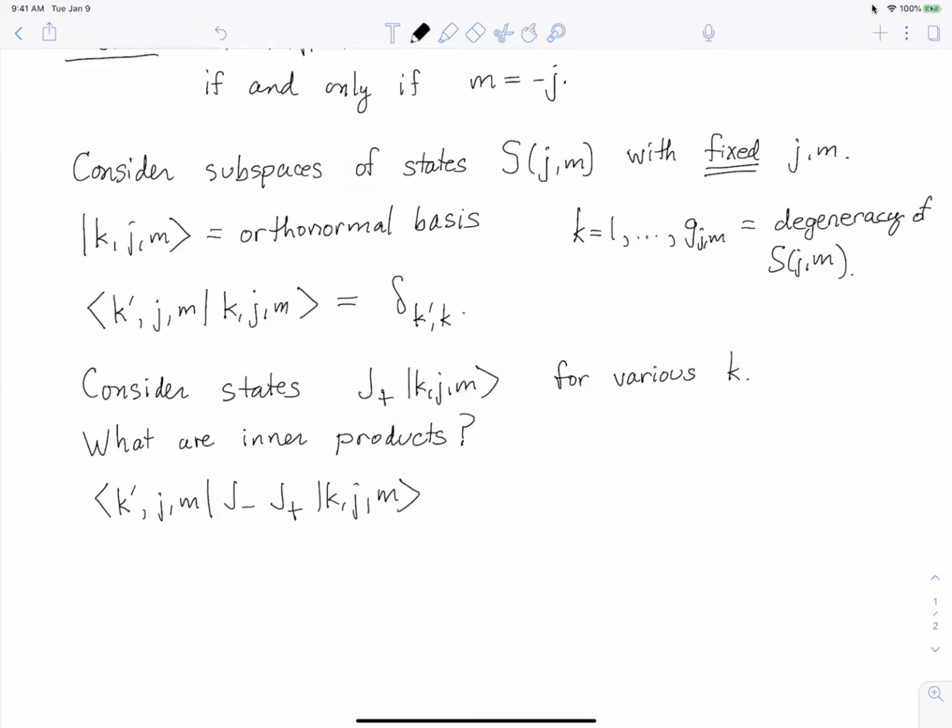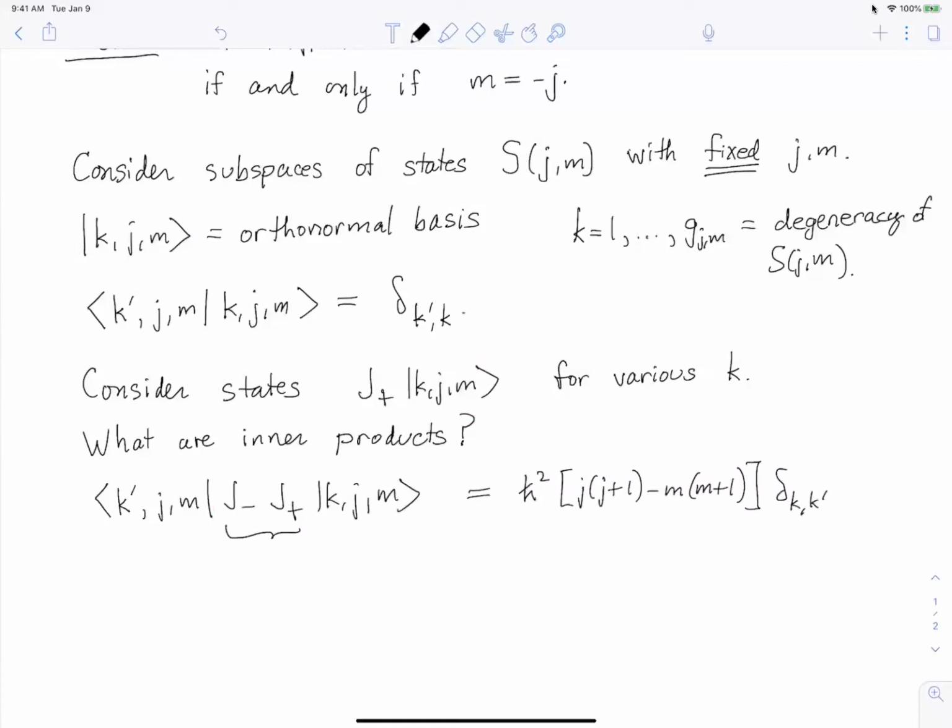Okay, and this combination J minus J plus we worked out last time. So we can now state that this is ħ squared times the quantity J times J plus 1 minus M times M plus 1, and then there's the Kronecker delta, delta KK'.